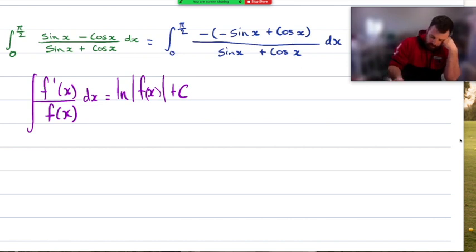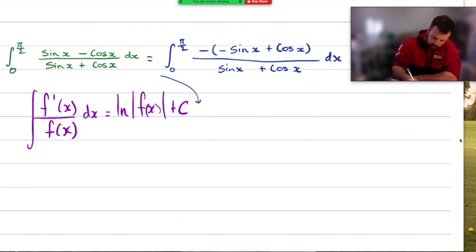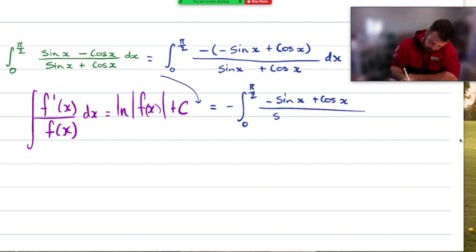So what we're going to do here is say that this is equal to, I'm going to factor that negative outside. So the negative outside of the integral from 0 to pi on 2 of negative sine of x plus cos of x all over sine of x plus cos of x dx.